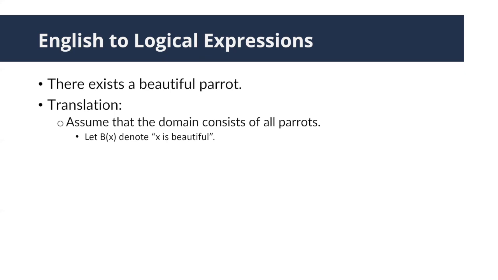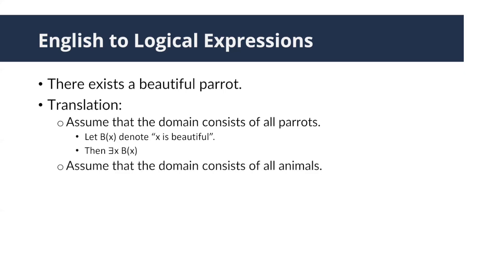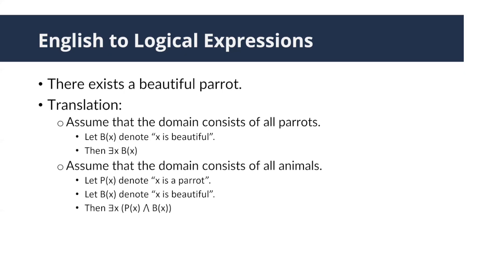Therefore, we only need to introduce a letter to represent X is beautiful. So the logical expression is, there is an X such that Bx. If you assume the domain consists of all animals, just like the previous one, we need two predicates, Px and Bx. Then the translation is, there exists an X such that Px and Bx.